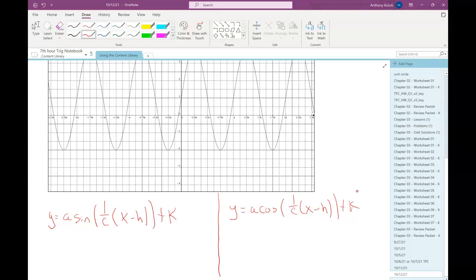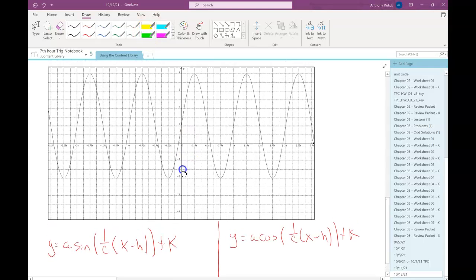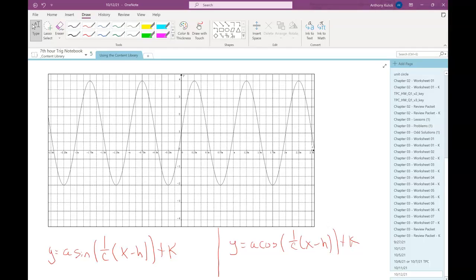The first thing that I'm going to do is identify the midline by just looking at the graph. Remember, the midline divides the graph in half, basically. So the midline looks like here. You guys agree with that? Because there's an equal amount of the graph above the midline and below the midline.